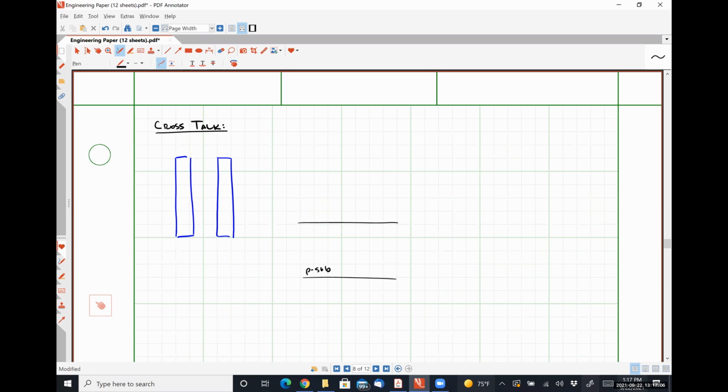Let's say that we have our substrate. We have some insulating layer. And then on top of this, we have our two sections of wire.